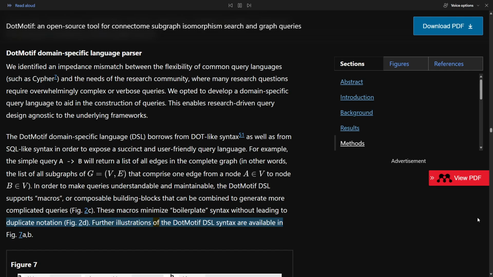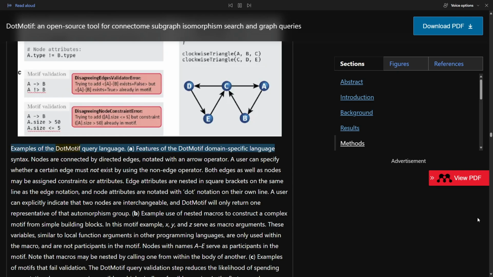Further illustrations of the DotMotif DSL syntax are available in Fig. 7a. Figure 7. Examples of the DotMotif query language. A. Features of the DotMotif domain-specific language syntax. Nodes are connected by directed edges, notated with an arrow operator. A user can specify whether a certain edge must not exist by using the non-edge operator.